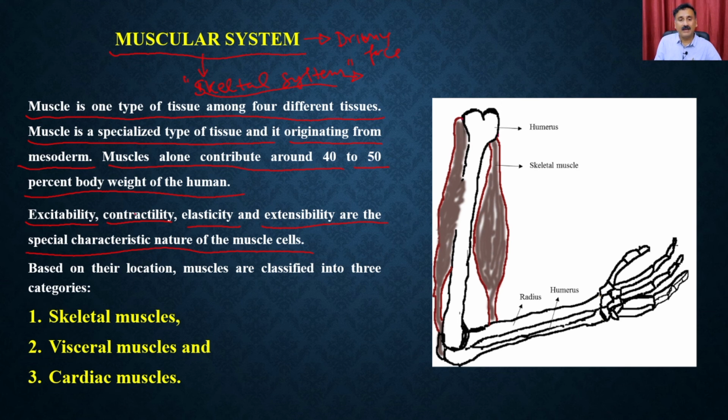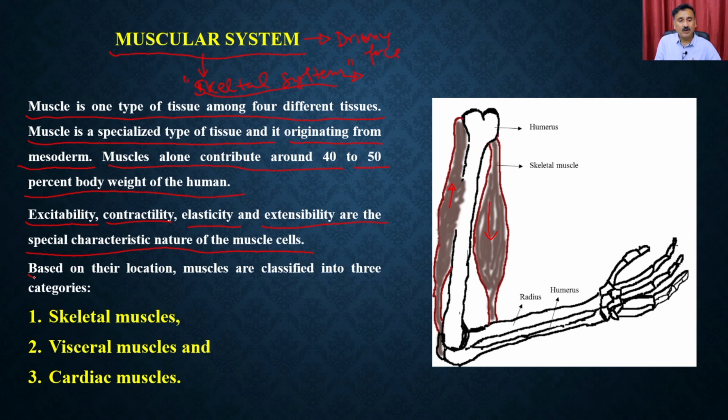They can also contract, so they can pull, right? They can be elastic also, so they can relax, and then they can also stretch. So they are very flexible in terms of stretching, right? These are the features of the muscle cells.